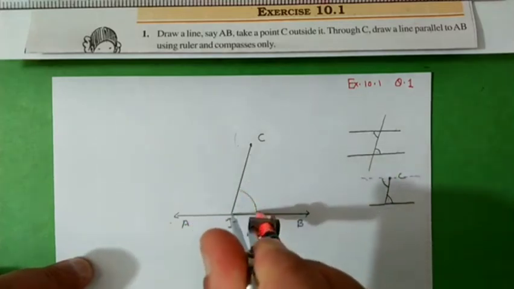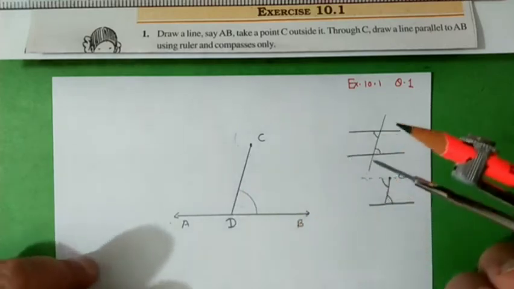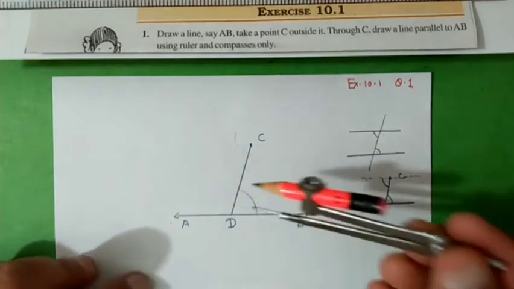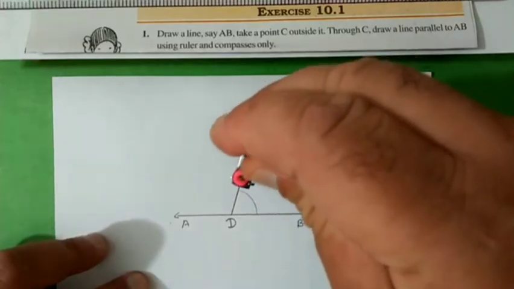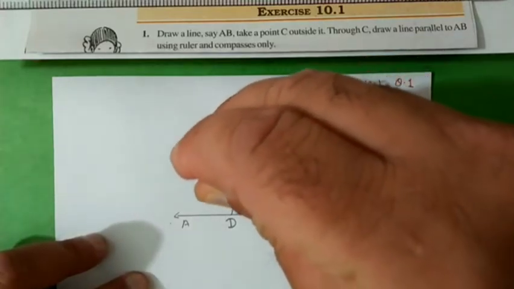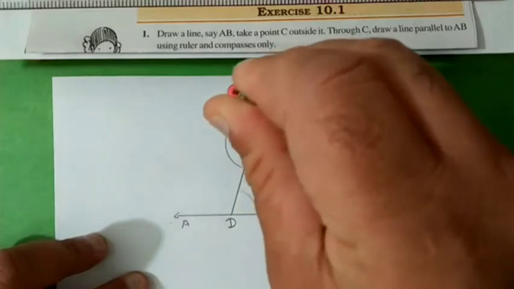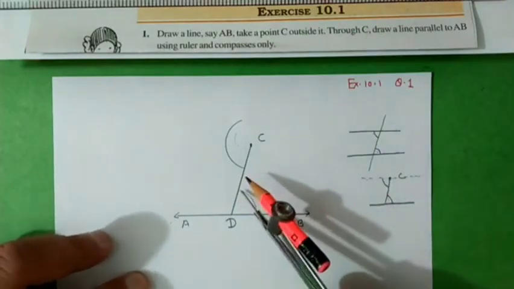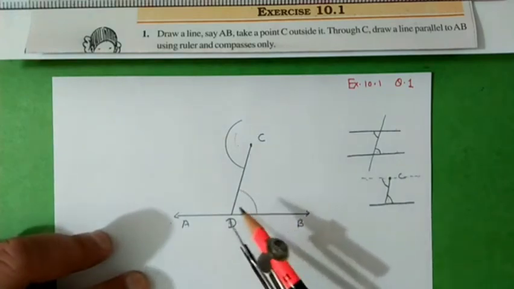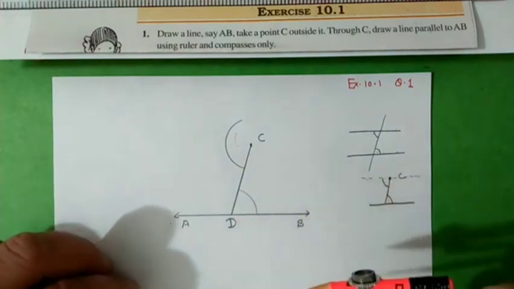So like this, I will draw an arc. Okay. So like this, I will put this tip, without moving the compass, and I will draw the same arc at the upside. So like this, I can draw two arcs with the help of point D and point C.